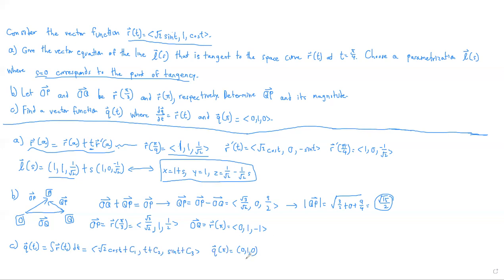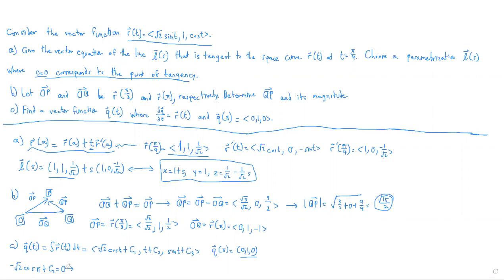Okay, now this corresponds to each component. We write it like this. Actually, you know what? So Q of pi is 0, 1, 0, right? So negative root 2 cos pi, I'm going to dumb it down for you guys, plus c1 is equal to 0.